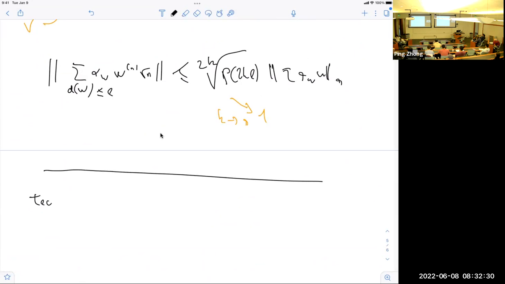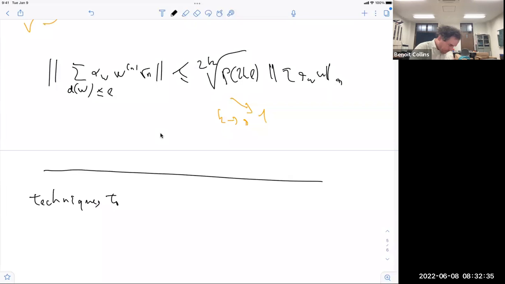Techniques to prove operator norm convergence.